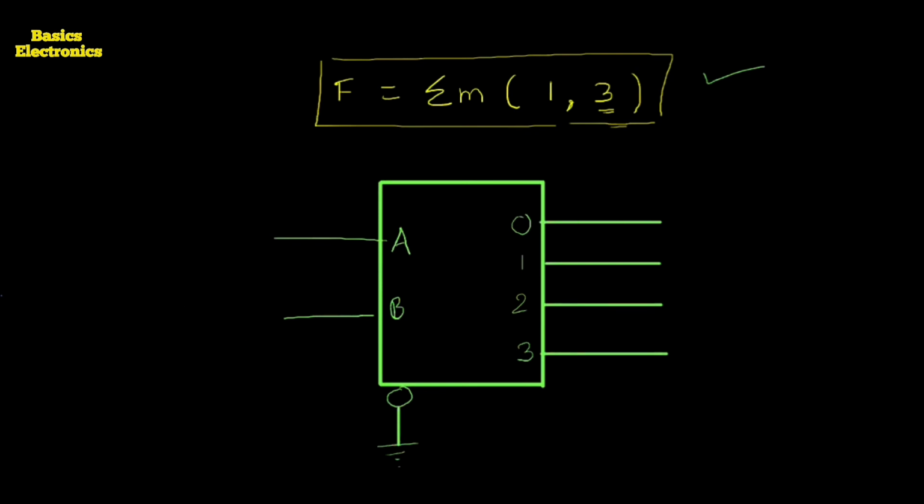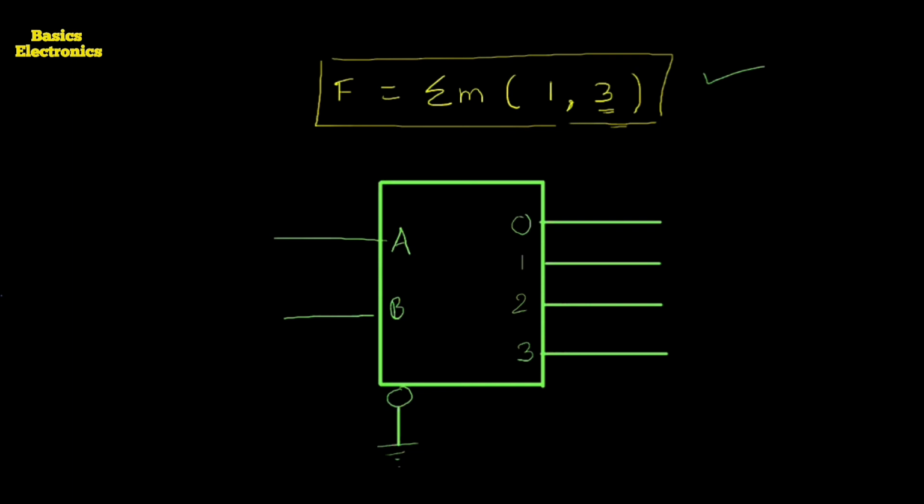In the question, the equation to implement is given, but sometimes it is specified to implement it by using the OR gate. If not specified, then you are free to implement it by using either the OR gate or the NAND gate.